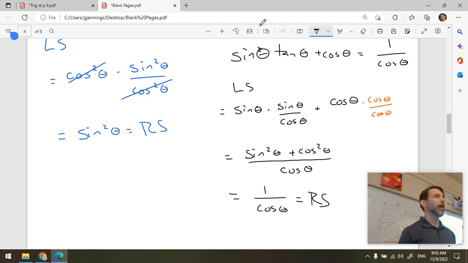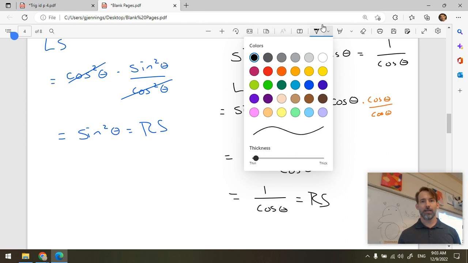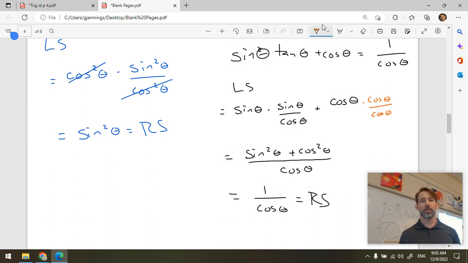Why didn't you do what you did before by canceling out those cosines? Like here, why don't I cancel some cosines? Yeah. Okay, so this is a very popular thing to want to do, and you're not allowed. I'm not allowed to say cancel that and cancel this.